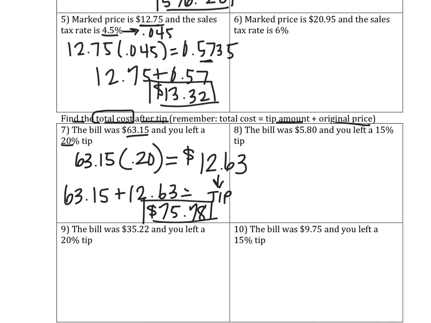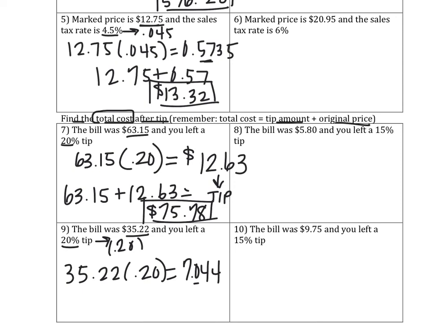Number 9 is the bill was $35.22 and you left a 20% tip, and we want to find the total cost. So again, our tip we have to change into a decimal, and so it's going to be $35.22 and 20% of that amount, and that would be $7.044.